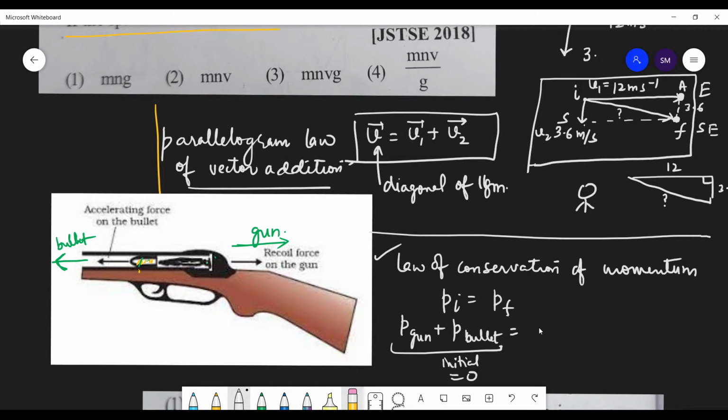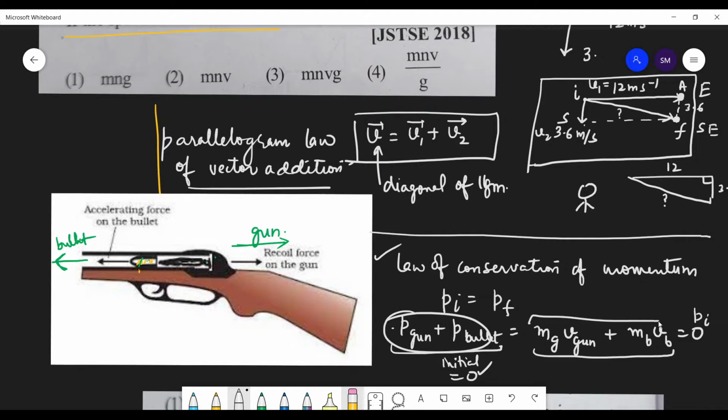The final momentum will be the mass of the gun into the final velocity of the gun, plus the mass of the bullet into the final velocity of the bullet. Their sum will be zero, because initial momentum is zero and initial momentum is equal to final momentum. So this final momentum will also be 0.